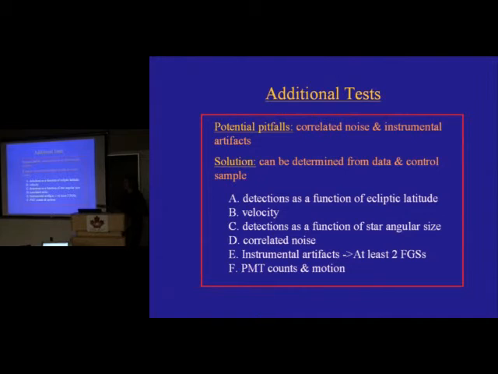If there are, then clearly it must be some instrumental effect, because HST was moving or the pointing was off. And because each of the fine guidance sensors consists of 4 photomultipliers, you can also check the actual counts in each photomultiplier to see that a signal appears in all of them, and whether there's any correlation between slight motion of the PMTs or the FGS and the signal that is observed.